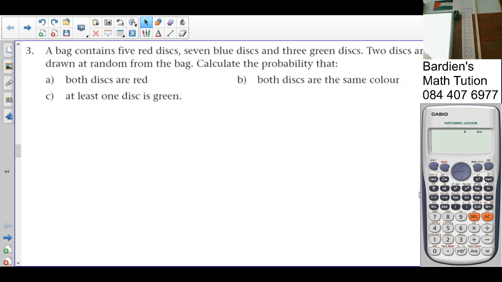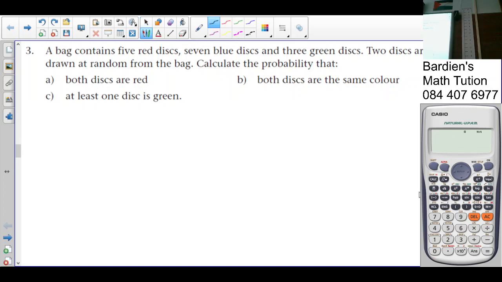In number 3, a bag contains 5 red discs, 7 blue discs, and 3 green discs. So how many discs are there in total? 5 plus 7 is 12, plus 3 gives you 15.